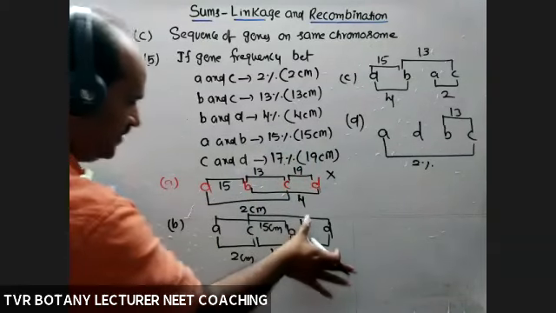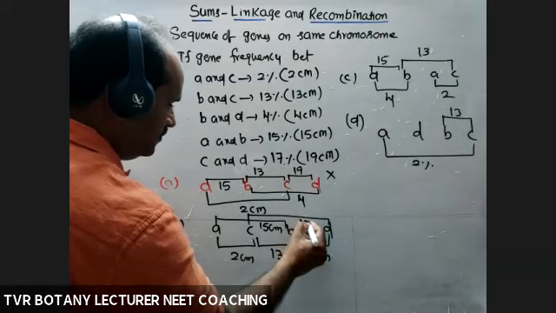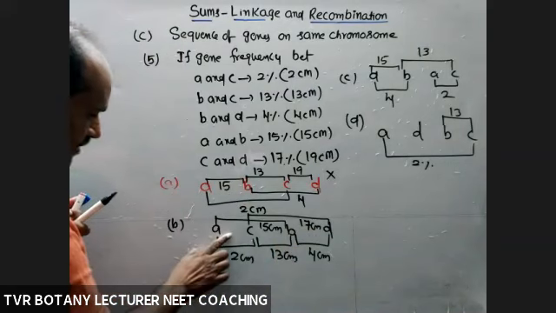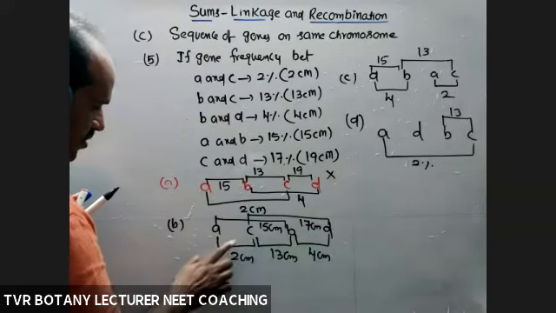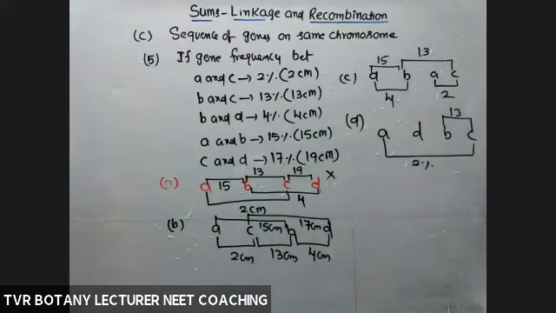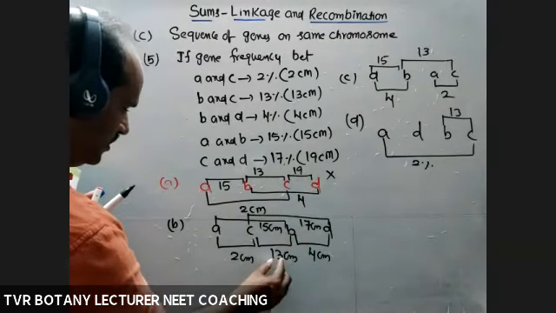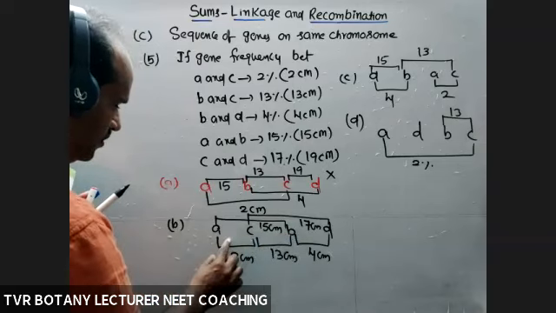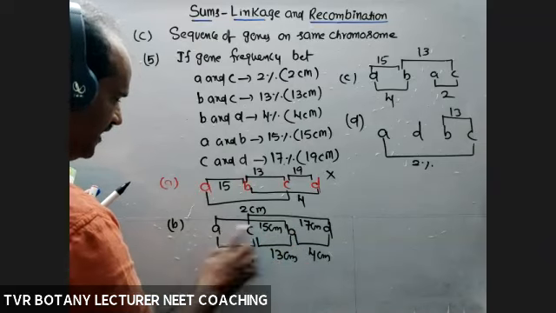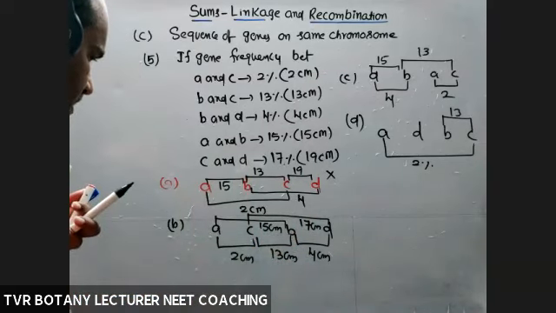Now you'll get it. 2 centimorgan plus 13 centimorgan, the distance between A and B is 15 centimorgan, matching. So between A and B, we got it. No problem.